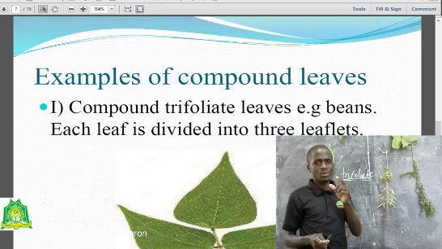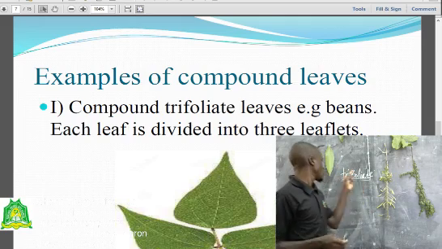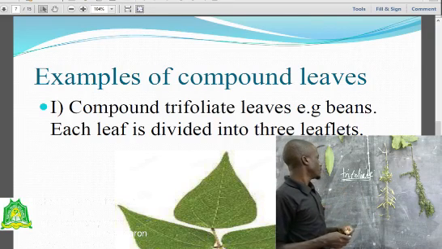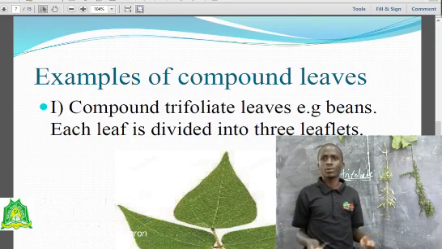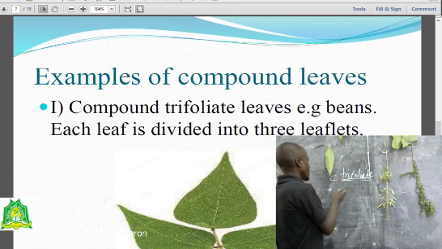You are going to need it somewhere, and then you will use it. It is not only bean leaves that have this type of compound trifoliate leaves. We also have the desmodium. Okay? Desmodium.